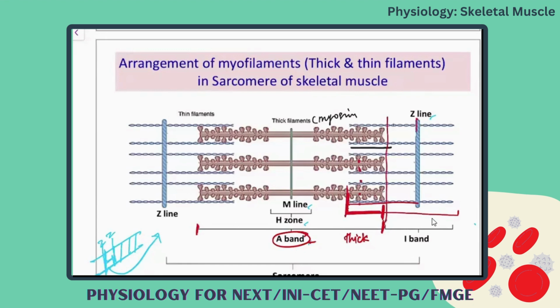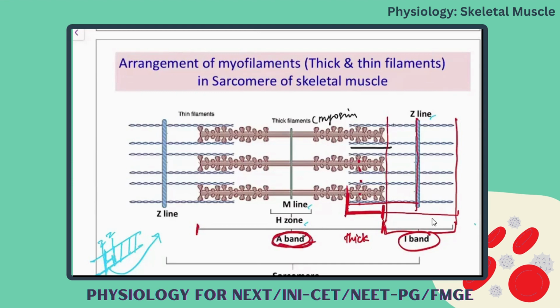But this partition contains only the thin filaments, and it is called the I band. This I band is also called isotropic. This is the A band, anisotropic.